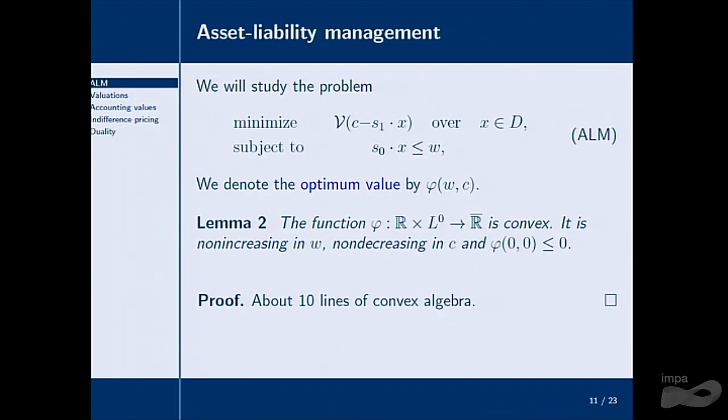And then the first result here. We will denote, and this is central to all the developments in the pricing, we denote the optimum value of this problem here by phi of W and C. So given an agent with financial position described by his initial cash endowment W and his financial liability C, compute the optimum value here over all portfolios X and denote the optimal value by phi.